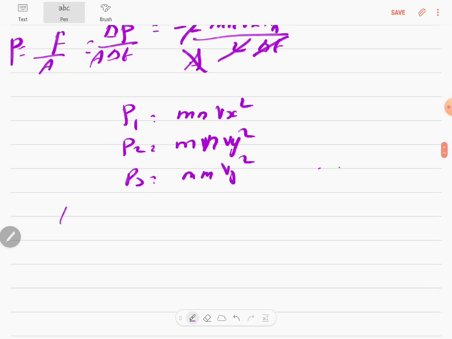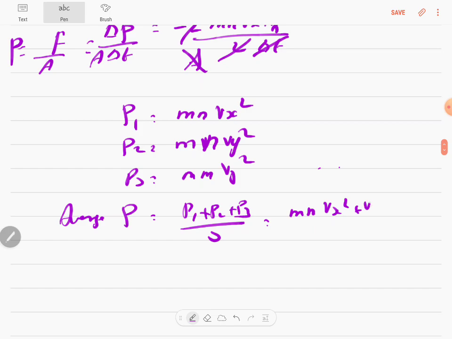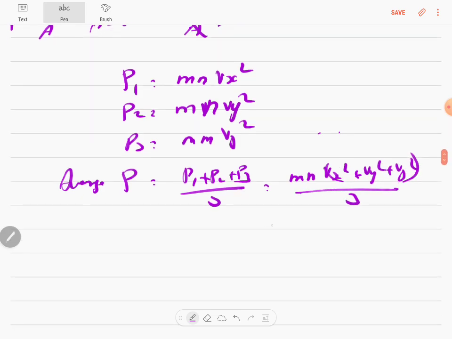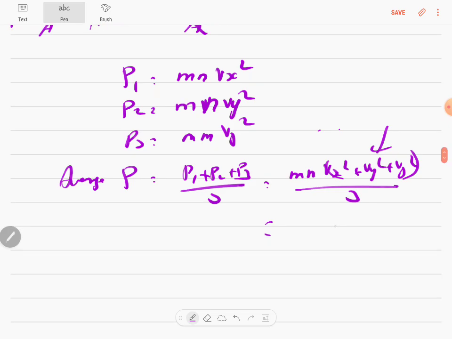And the average pressure therefore is P1 plus P2 plus P3 by 3, which is m n into vx square plus vy square plus vz square by 3. So you know that vx square plus vy square plus vz square is the magnitude of the velocity vector, you can call it v square. m n itself is rho. Density is mass by volume.